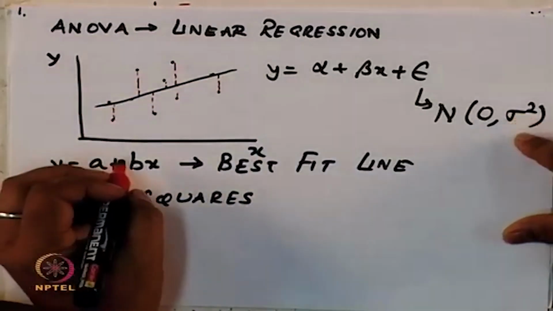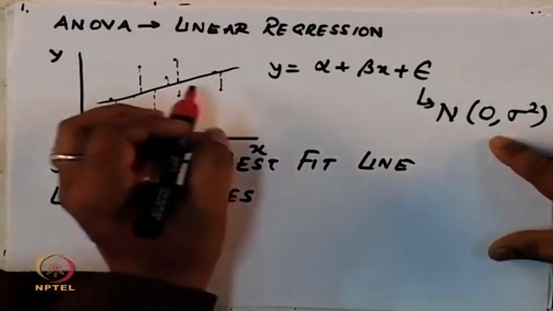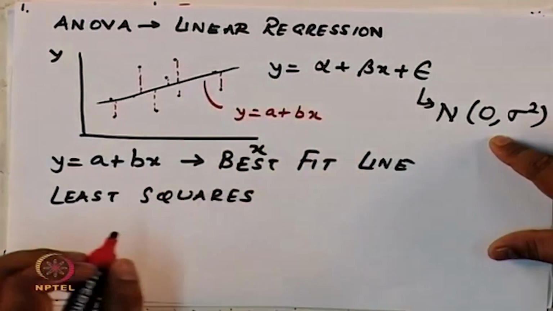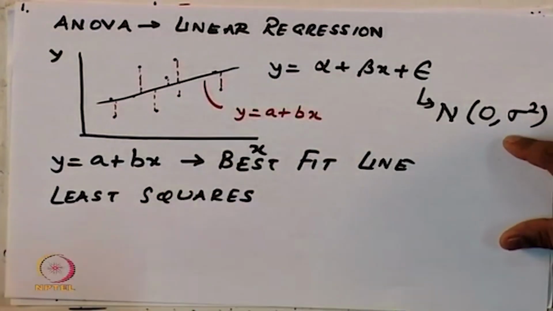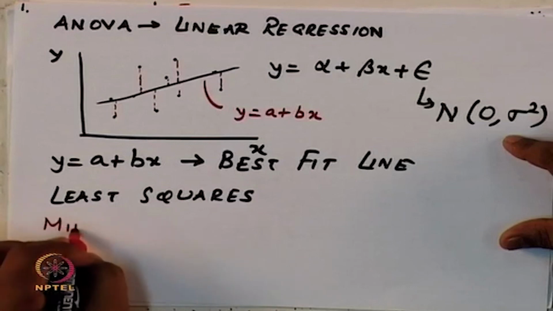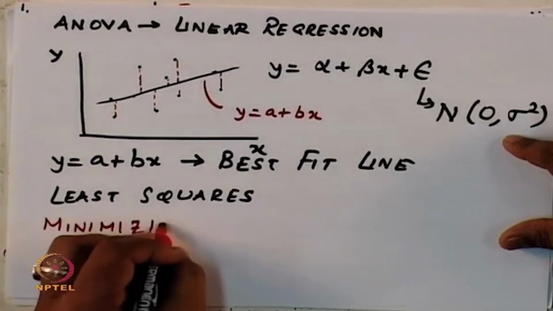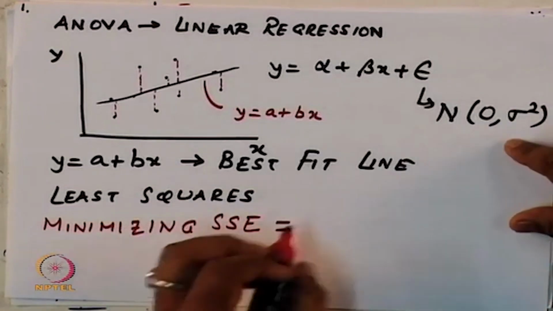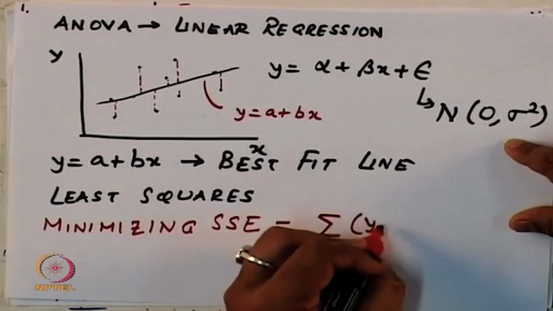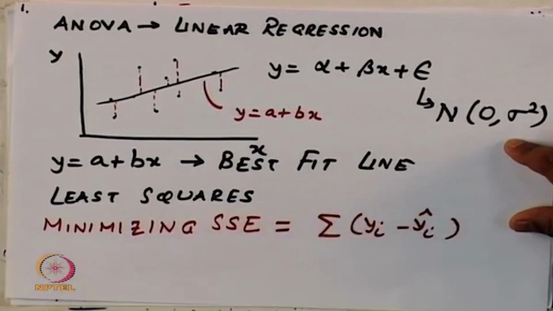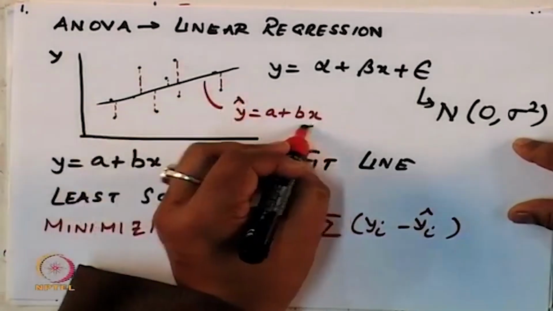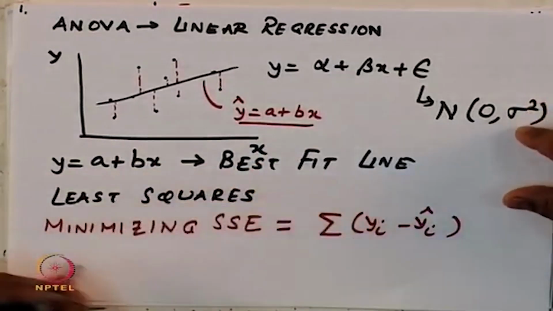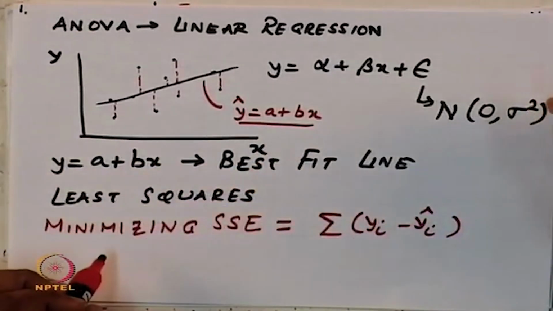So, if this equation is y is equal to a plus bx, in your least squares approach you are minimizing the sum of squares of errors, which is given by the expression summation of yi minus yi hat. What is yi hat? Y hat is the linear equation a plus bx. So, you want to minimize this particular term SSE.